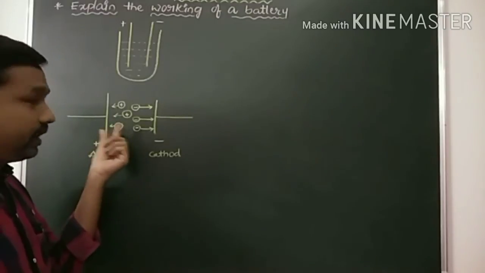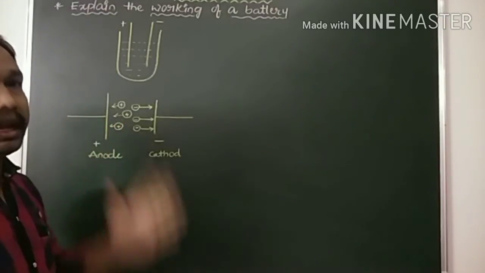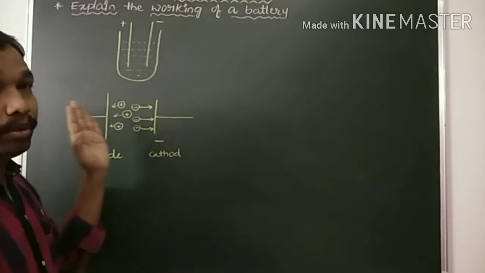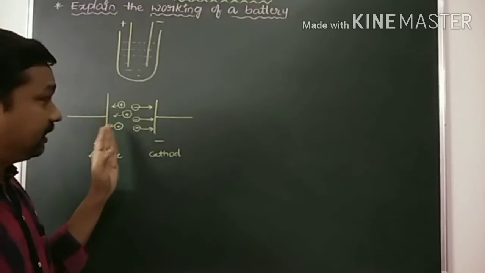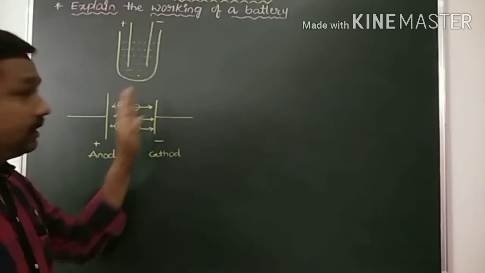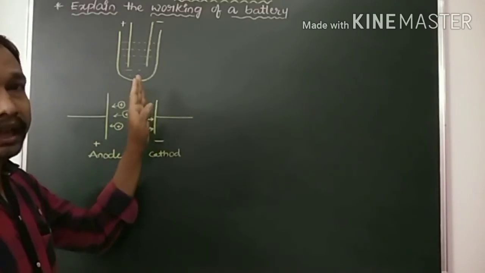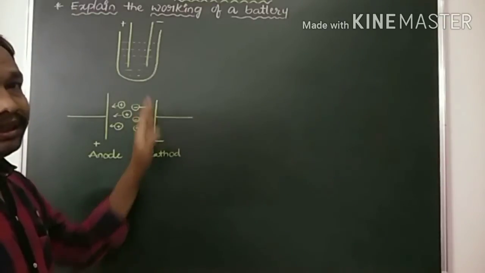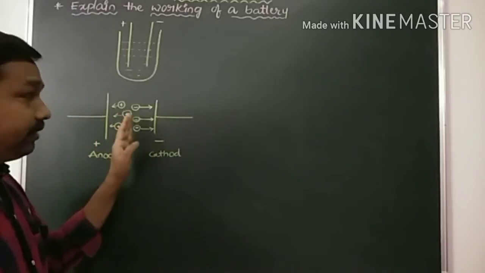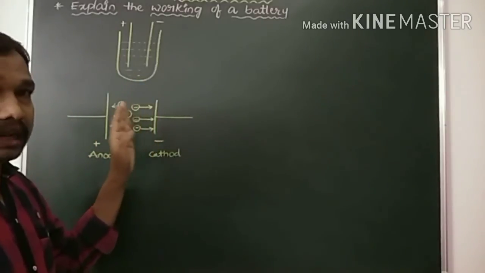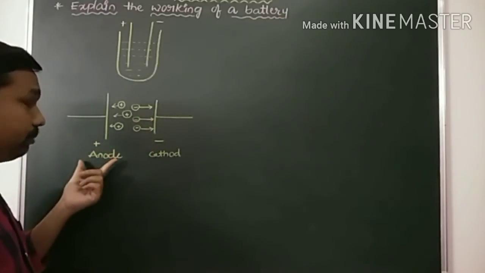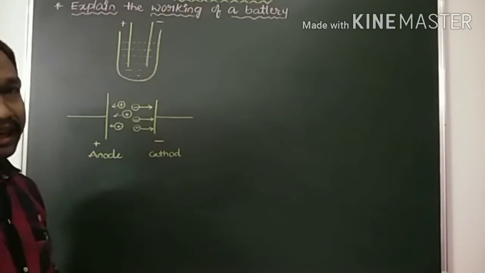The positive ions which are moving towards one electrode are deposited on the positive electrode, and all the negative ions which are moving in the opposite direction, towards the other electrode, accumulate on the negative terminal. Positive ions are deposited on one electrode, negative ions accumulate on the other electrode, which gives you one positive terminal and another negative terminal.